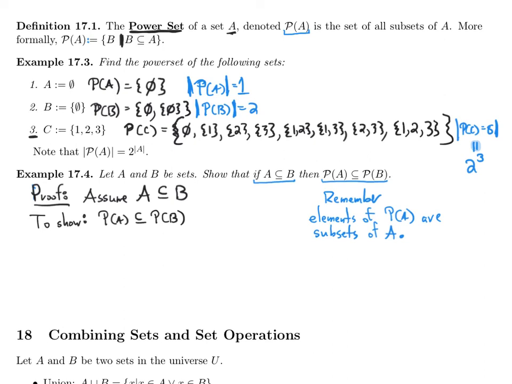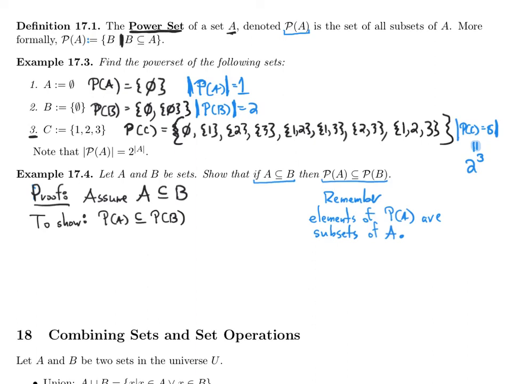So we want to show that an element of the power set of A is also an element of the power set of B. So what does that mean? It means that a subset of A is also a subset of B.